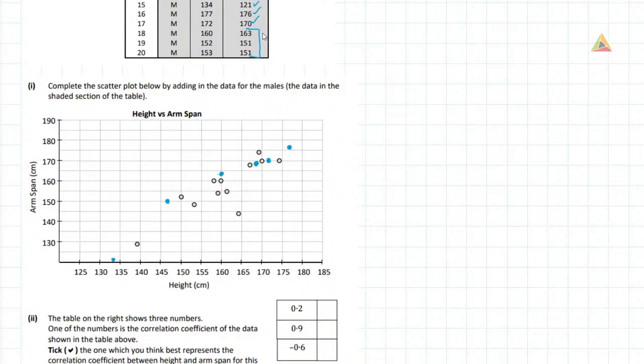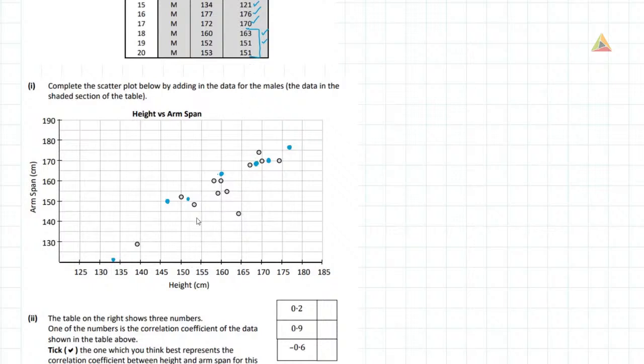And the next one, so I'll just tick that I've put that in, 152, 151. So I'm going to come across to 152. Now remember, each of these boxes is 5. So you're dividing it into 5 pieces. So there's 151, 152, and I'm going up to 151, and that data is going to be here. And the last piece is going to be 153 and 151.